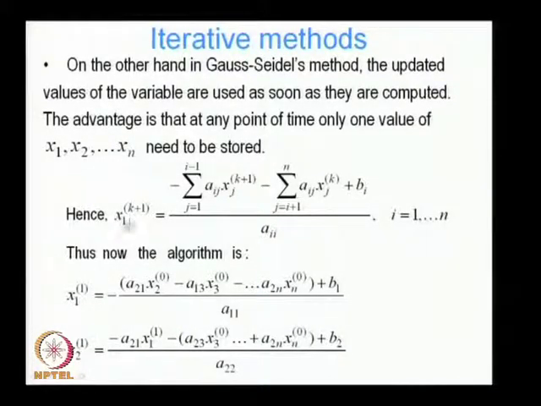Suppose we are interested in finding the value of xi^(k+1), and suppose i is equal to 5. I am interested in finding x5^(k+1), but by the time I am trying to find x5^(k+1), I have already found x1^(k+1), x2^(k+1), x3^(k+1) and x4^(k+1), but I have no idea what x6^(k+1), x7^(k+1), x8^(k+1) up to xn^(k+1) are.